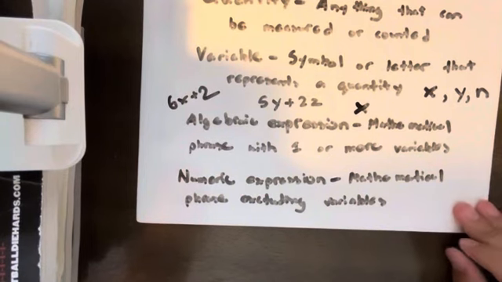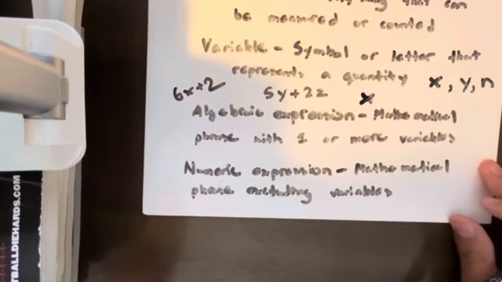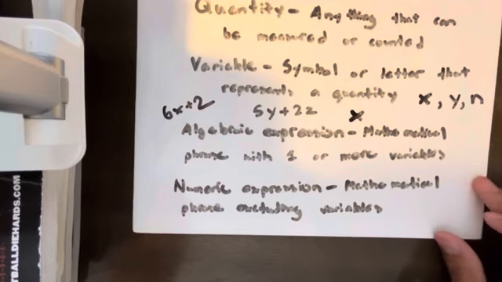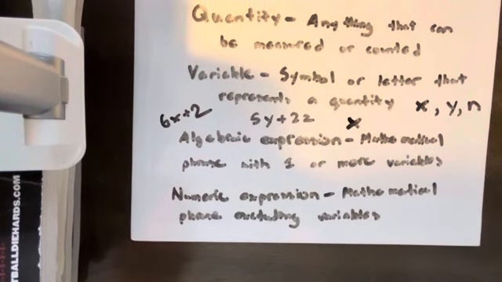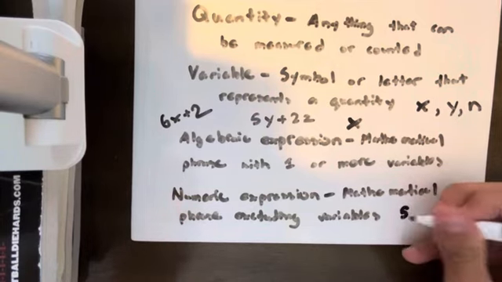Finally, we have a numeric expression, a mathematical phrase that excludes variables. So any expression that does not have a variable in it, any letter, that is a numerical expression. For reference, 5 plus 5.